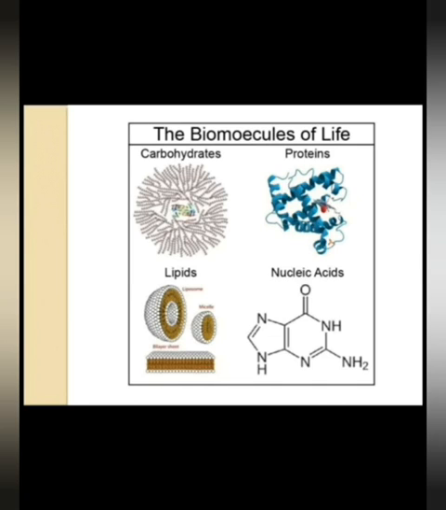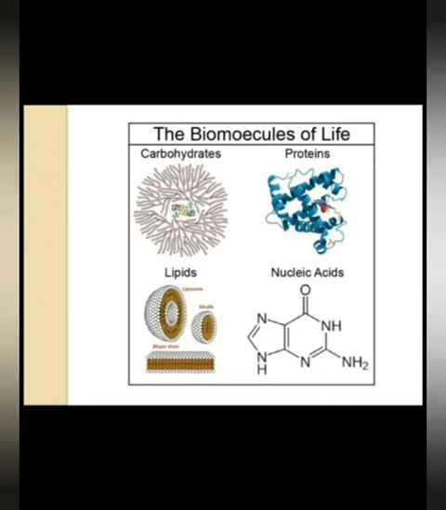So now what are biomolecules? Biomolecules are any organic molecules which are produced by living organisms. So the name bio is there. Bio means any living organism. Any organic molecule produced by a living organism is primarily made up of carbon, hydrogen, nitrogen and oxygen, and may include large macromolecules.